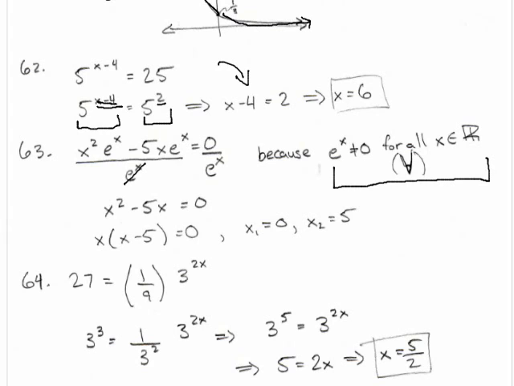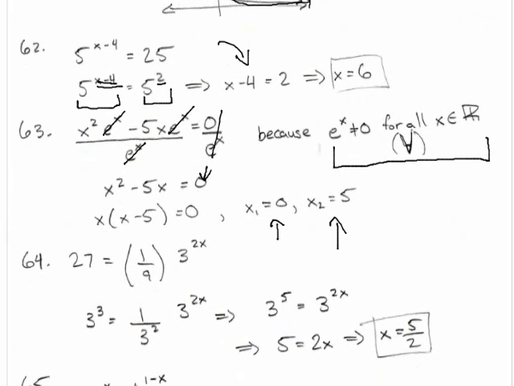So this cancels out with this, and 0 over anything that isn't 0 is just 0. Gives me this. And then it's just a matter of factoring x squared minus 5x. So I have x times the quantity x minus 5 equal to 0, and that occurs when either x is 0 or x is 5.